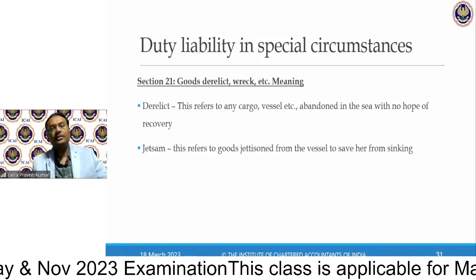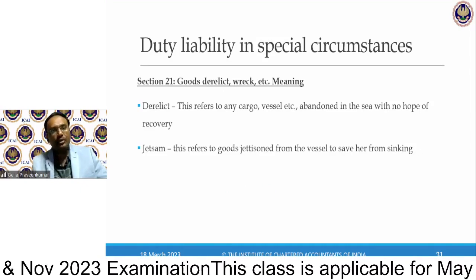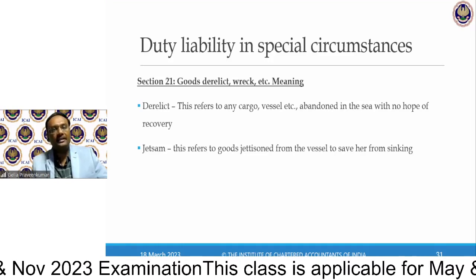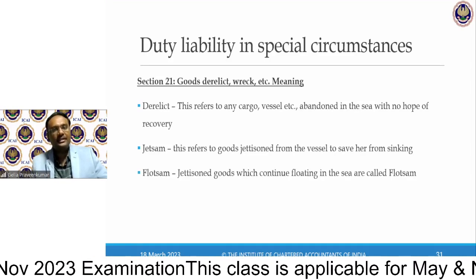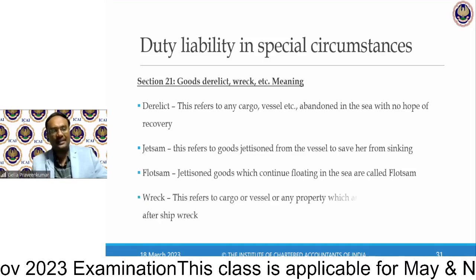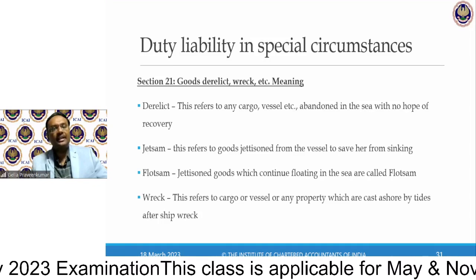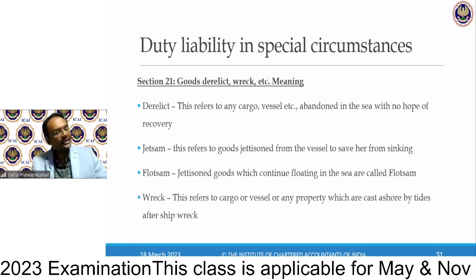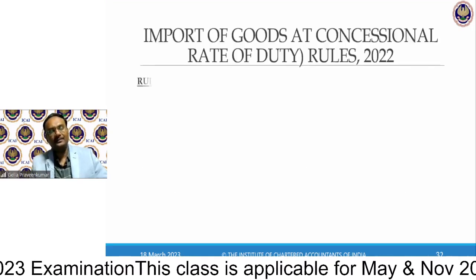Jetsam, the goods which are jettisoned, that means, as I said, the captain has thrown out to protect the ship or vessel from sinking. Those goods which have been thrown out, which are floating on the sea, are called flotsam. Wreck refers to a cargo or vessel where a property is cast to the seashore by tides. That's called wreck.